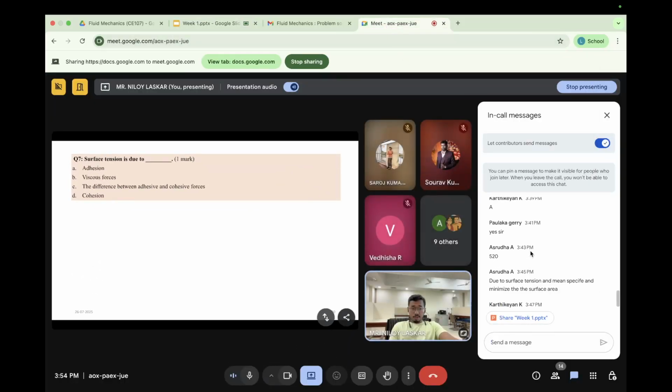So please try to answer. Kritika says D, that is cohesion. Other?